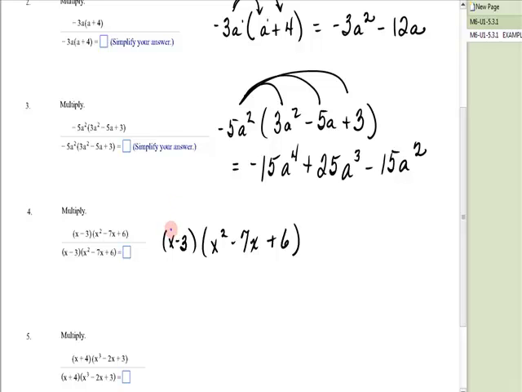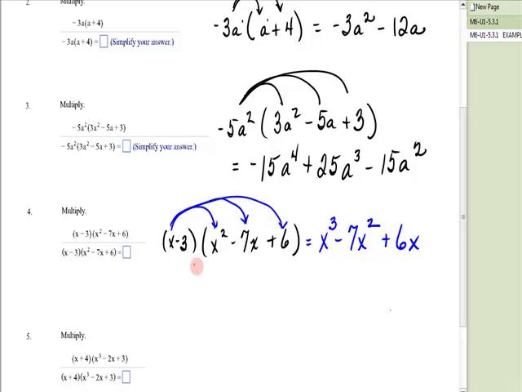All right, first I'm going to distribute the x. That gives me x times x squared gives me x to the 3rd. X times negative 7x is negative 7x squared. X times 6 is plus 6x.